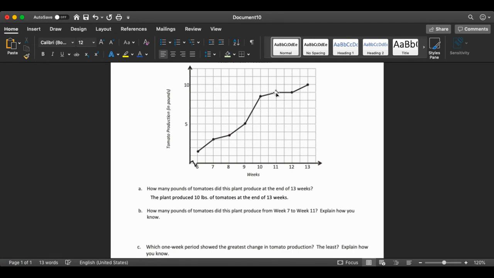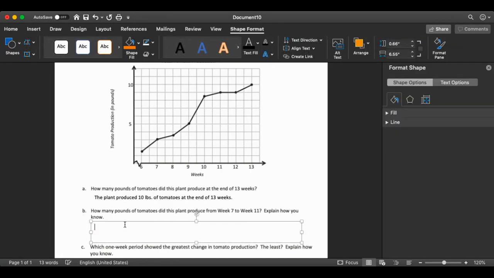So it looks like at week 7, there were 3 pounds of tomatoes produced. And then at week 11, it was up to 9 pounds produced. So we started at 3 and ended at 9. So you have to think about what the difference in those two numbers would be, and that's 6 pounds. So the plant produced 6 pounds of tomatoes.